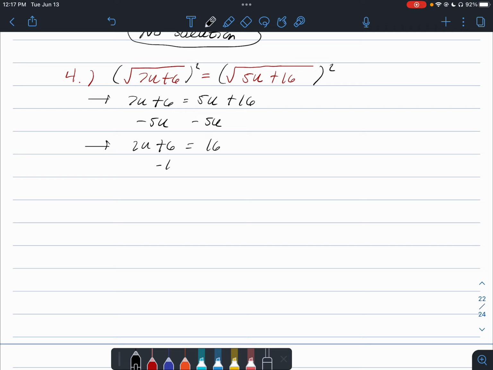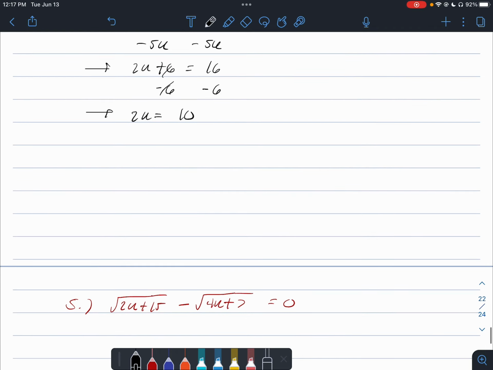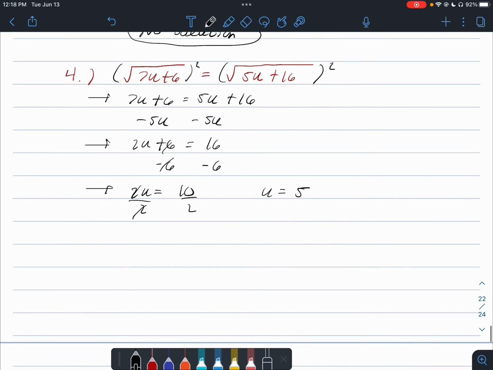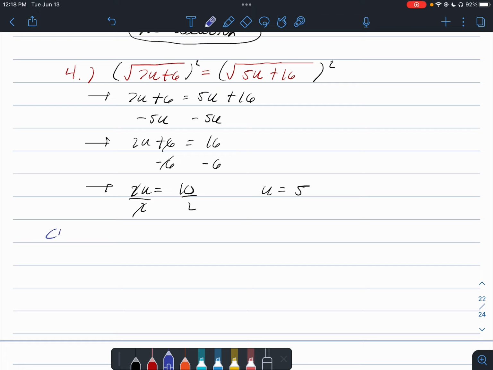And now we can take 6 away from both sides. Okay, and we'll end up with 2u is equal to 10. We can divide both sides by 2. These 2's will cancel, and we'll get u is equal to 5. Okay, but we have to check that this actually makes sense.